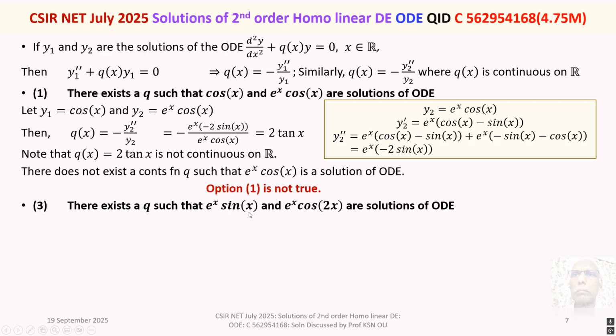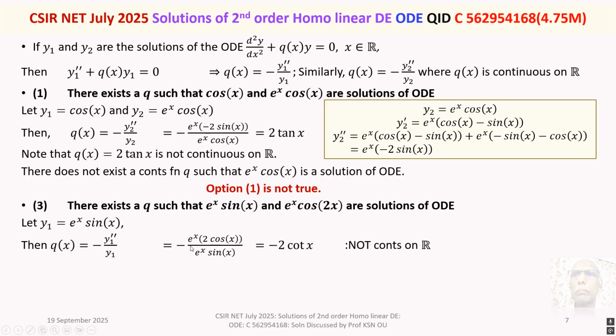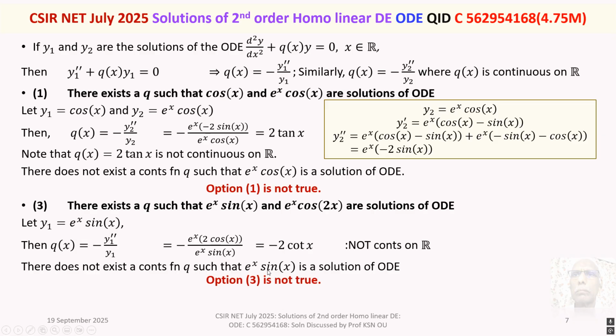Okay, let y1 be equal to e power x sin x, and for y1 we see q of x is equal to minus y1 double prime by y1, which is computed, and we have found it is minus 2 cot x, which is not continuous on R. Therefore, there does not exist a continuous function q such that e power x sin x is a solution of the ODE.